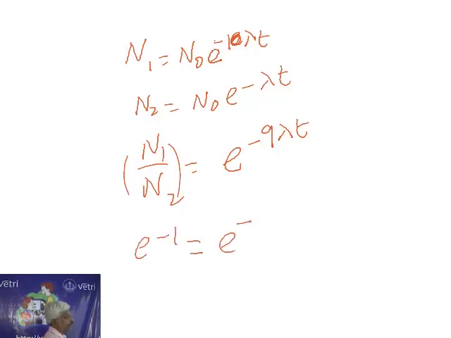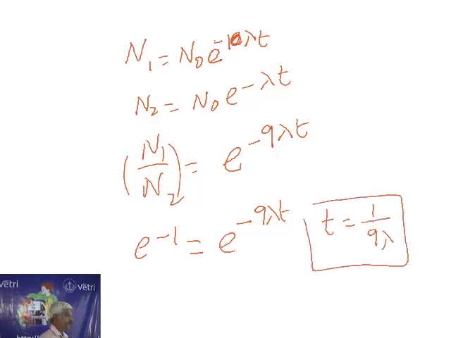Comparing these two equations, t must be 1 by 9 lambda. If t becomes 1 by 9 lambda, we get e power minus 1. So the time taken is 1 by 9 lambda.